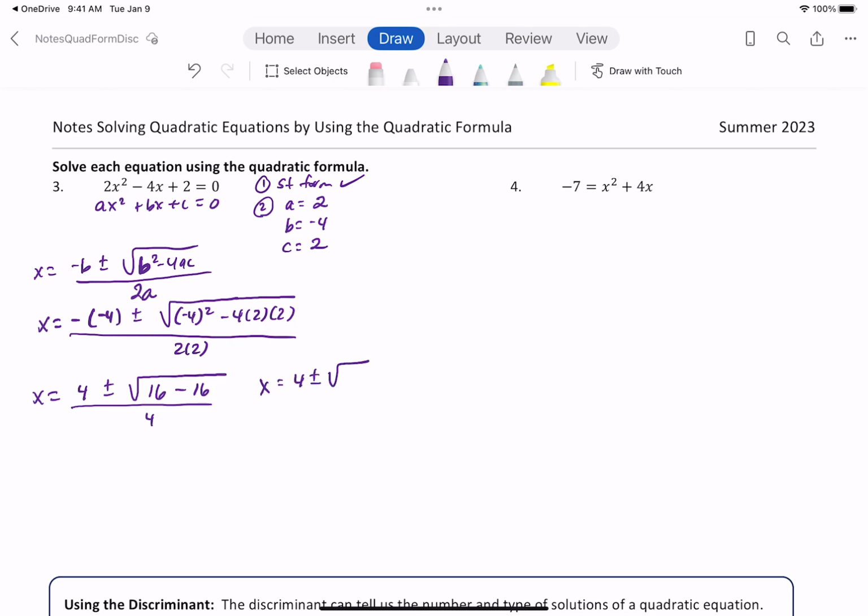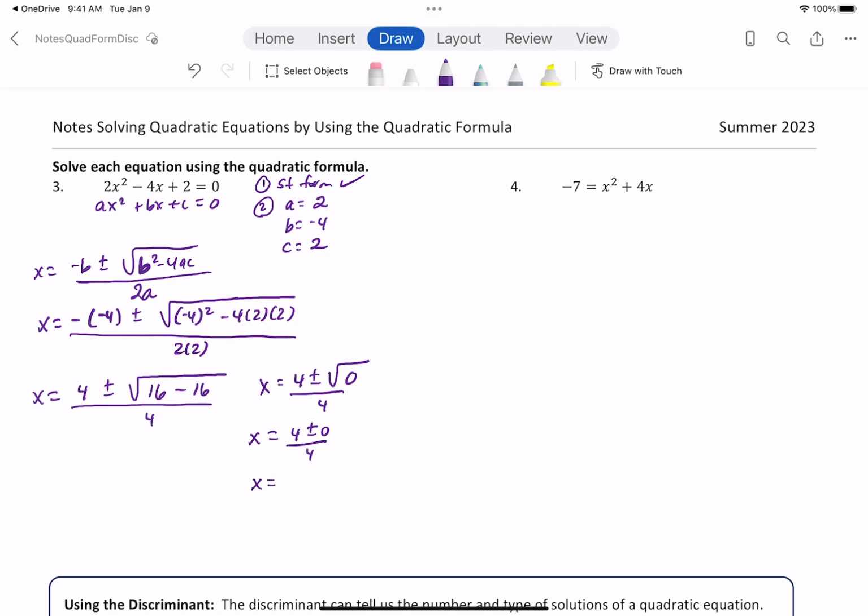So you notice under my root this time, 16 minus 16 is 0. The square root of 0 is 0. There is no plus or minus 0. 0 is just 0, right?